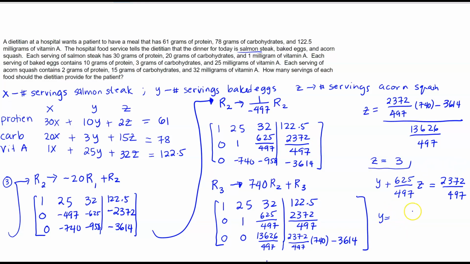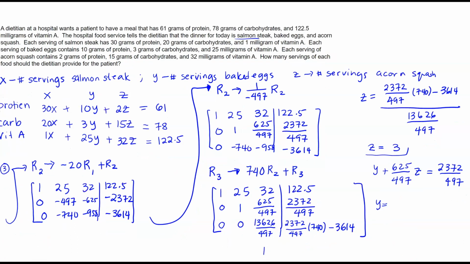Since I don't have that much space, on your calculator you will have to plug in 2372 over 497 minus this expression, and then replace z by 3. So it's 625 times 3 over 497. And then you can verify that y is just equal to 1.